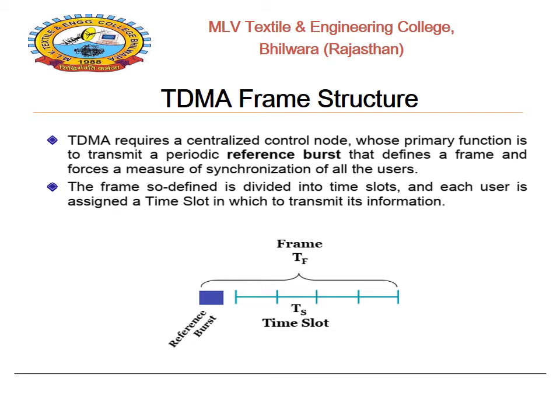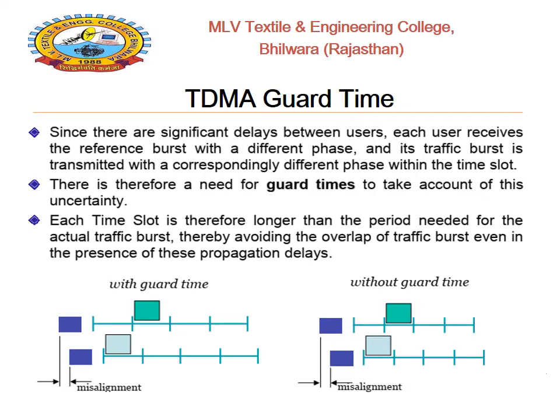The reference burst is connected with the time slots, and the whole section is known as the time frame, including the reference burst and the time slots. The frame so defined is divided into time slots, and each user is assigned a time slot in which to transmit its information.